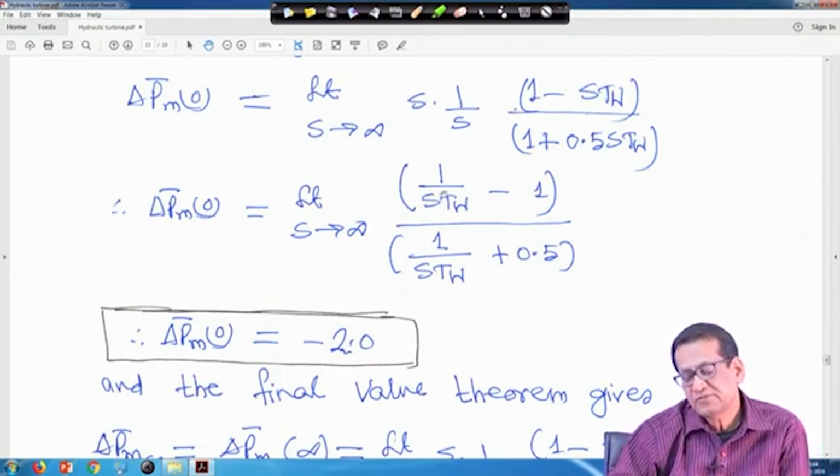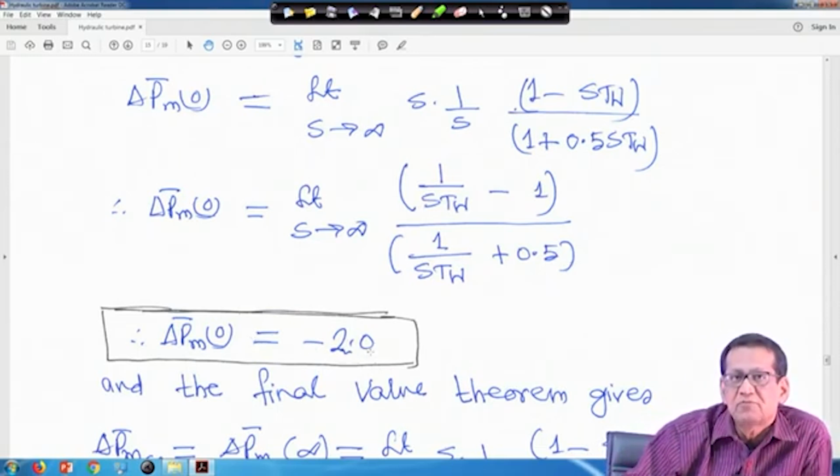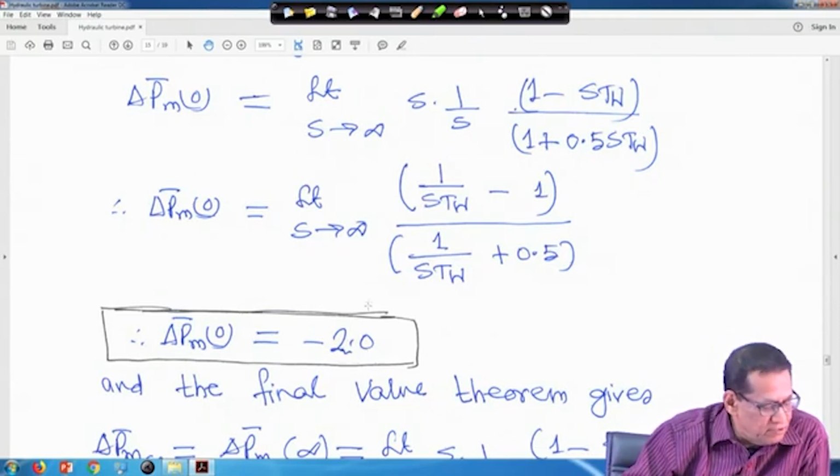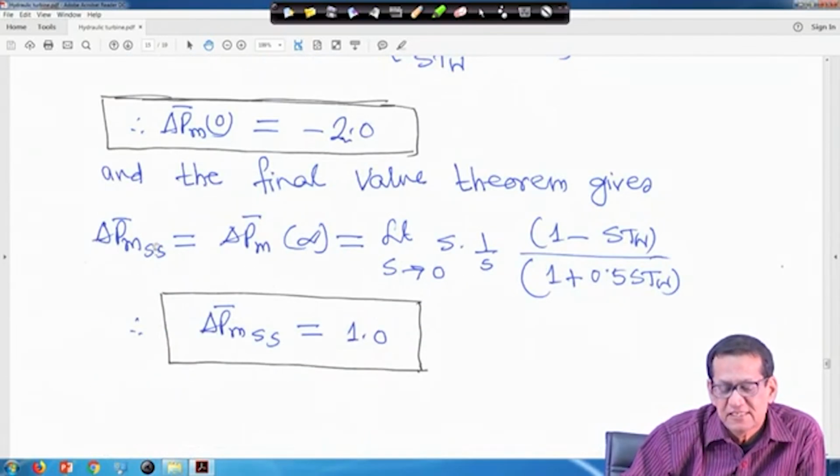As S tends to infinity, these terms are 0, so it is minus 1 by 0.5. So, basically delta P m bar at 0 is equal to minus 2.